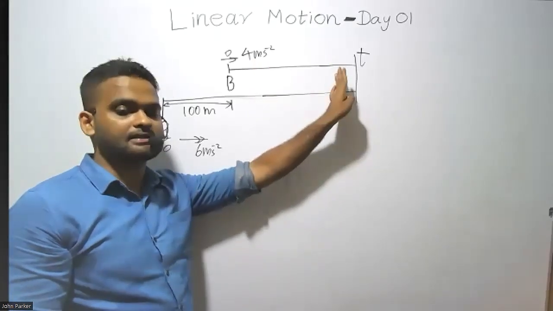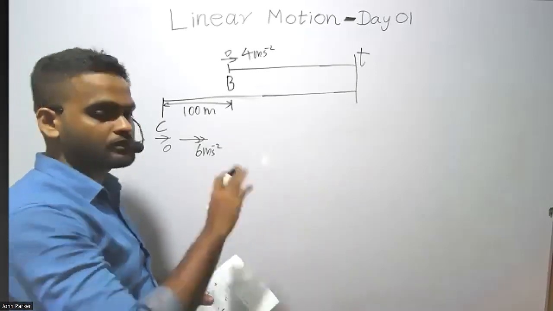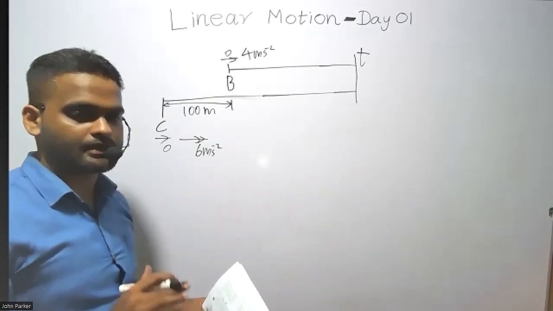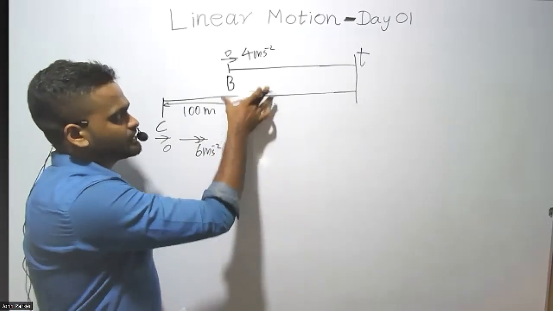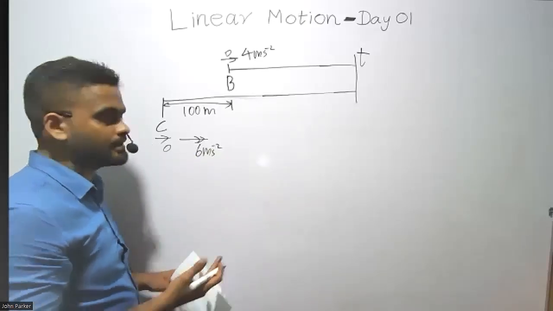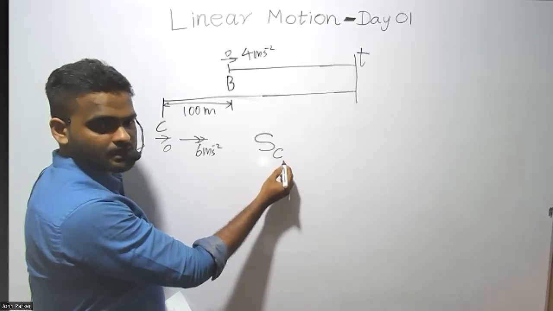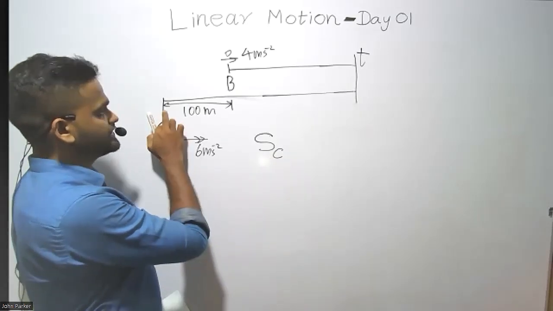It happens within the same time, that is t. It is not t plus 1, not like that, right? So you need to have a connection between the car and the bus. I'm going to think about displacements, right? Let's say SC is the distance traveled by the car, from here to here.